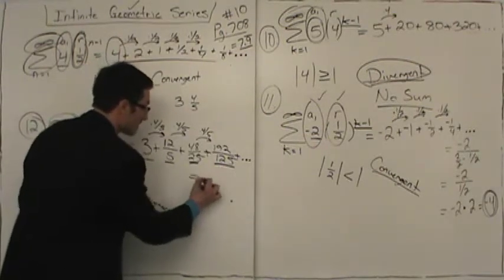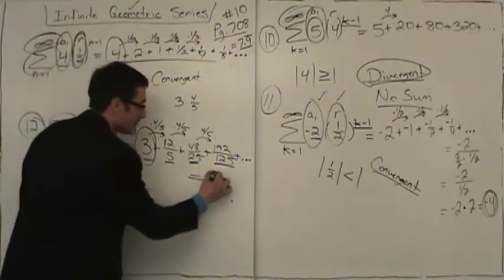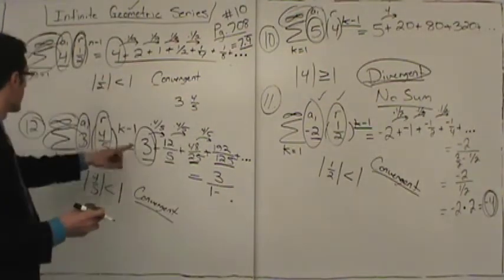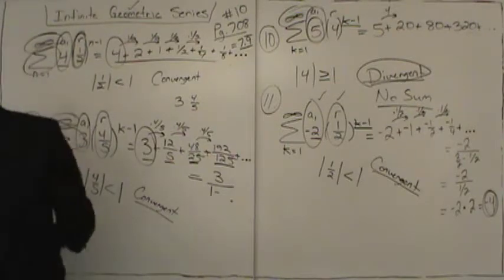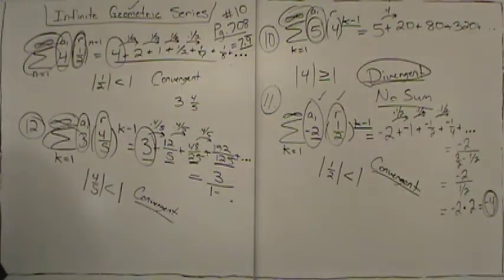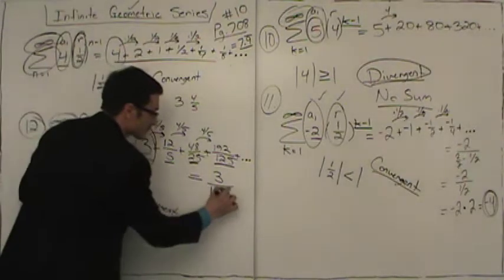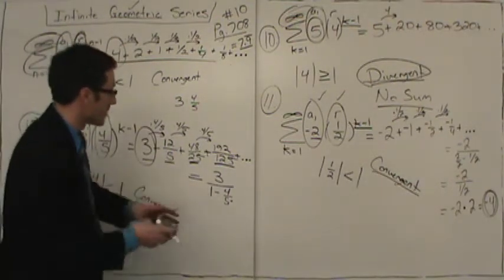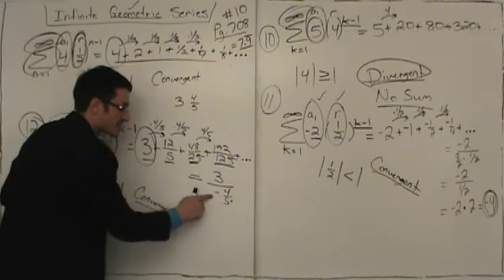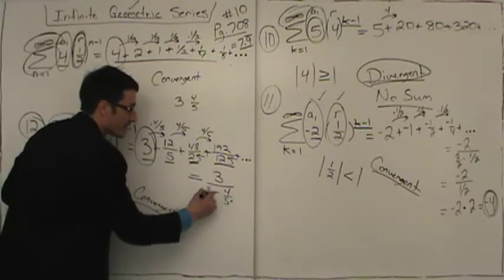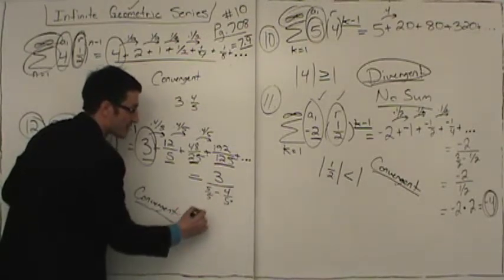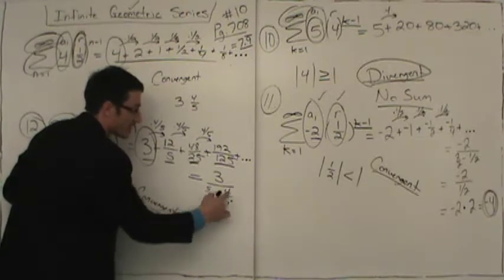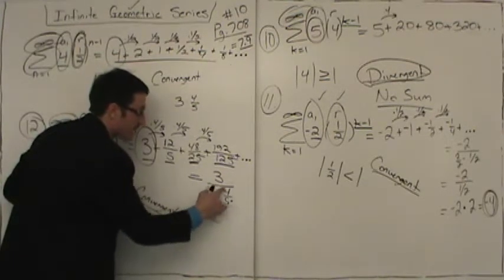So a sub 1 over 1 minus r. What is a sub 1? A sub 1 is 3. So we have 3 over 1 minus 4/5. What form of 1 do we want? We want a common denominator of 5, so we change 1 to 5 over 5. 5 over 5 minus 4 over 5: the denominator does not change, and 5 minus 4 is 1.